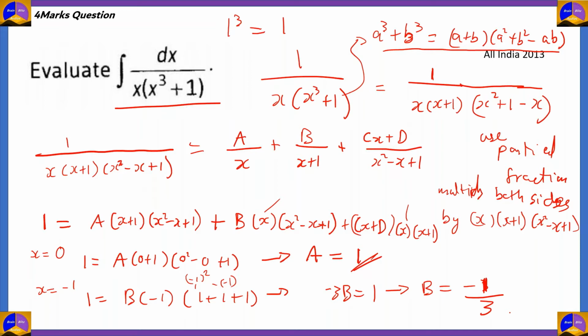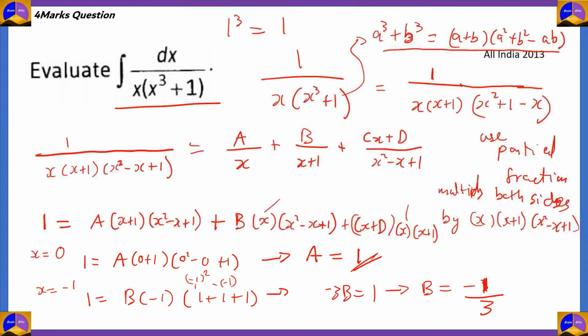Well, to find the value of c, instead of multiplying everything, we can just equate the coefficient of x cubed. In other methods, instead of putting values of x equal to 0, x equal to minus 1, you usually multiplied everything and then found the solutions using elimination.